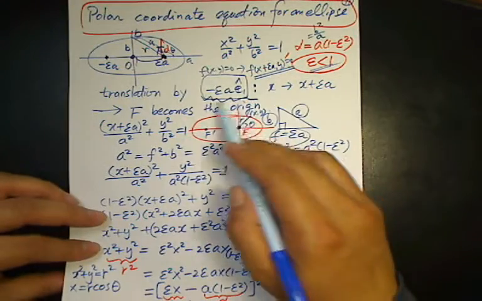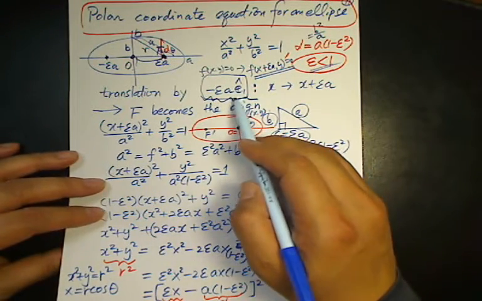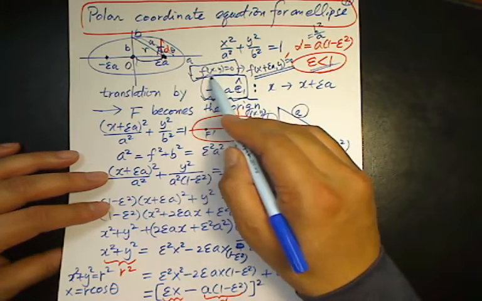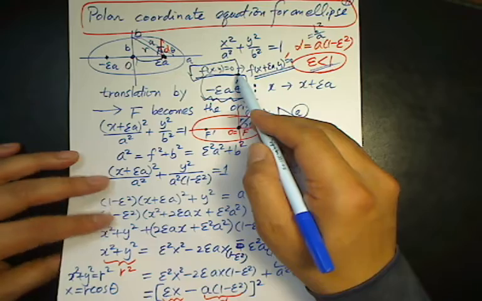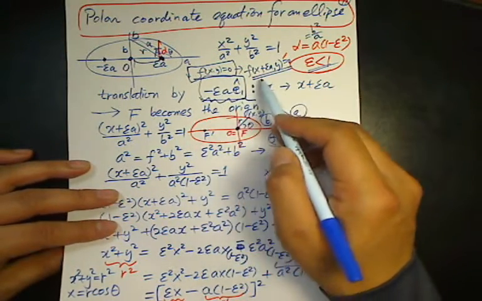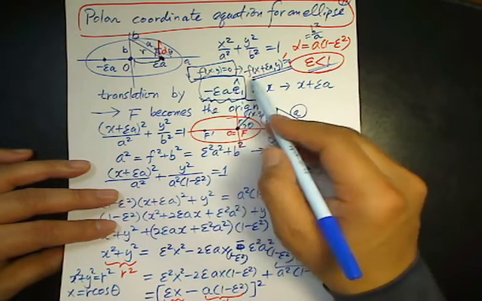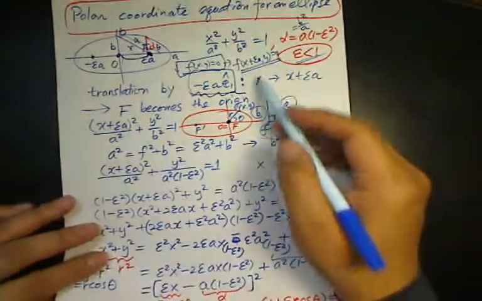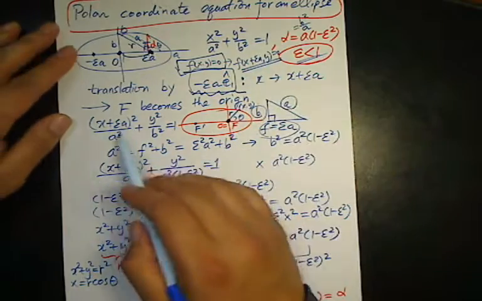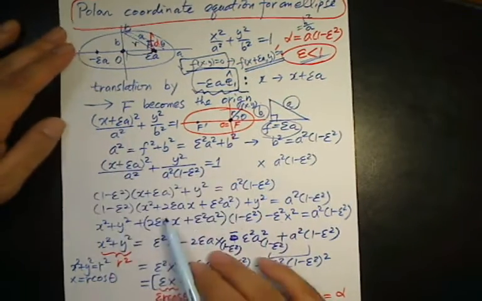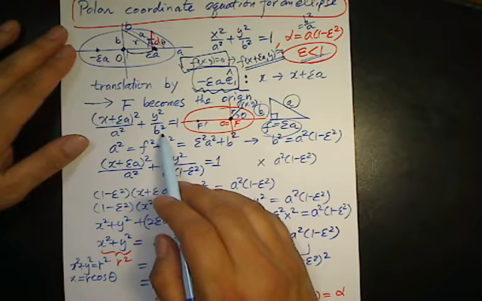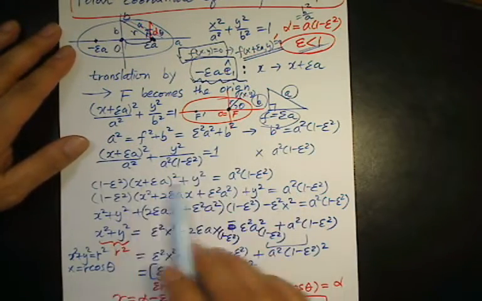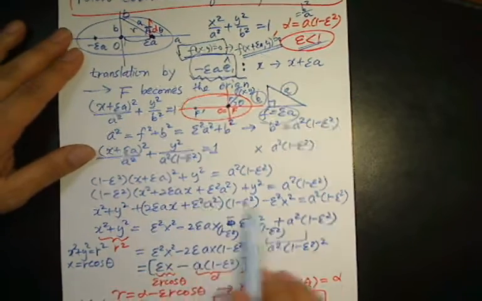In that case, what I need to do is substitute: the graph f(x,y) equals 0 can be translated if we substitute x with x plus epsilon a. So substitute x plus epsilon a into x and square. Expanding all of the expressions, you can follow this detailed calculation.